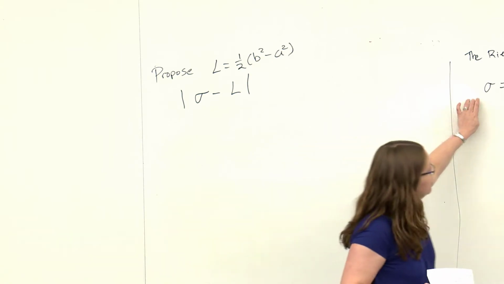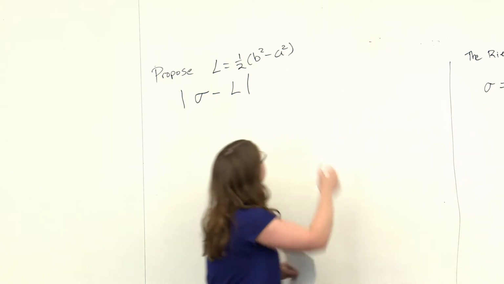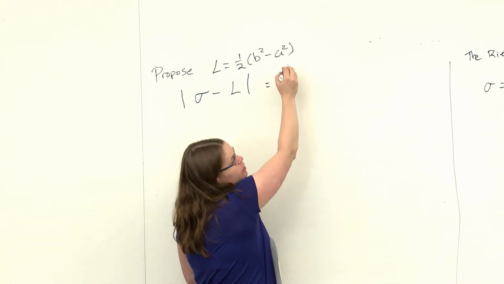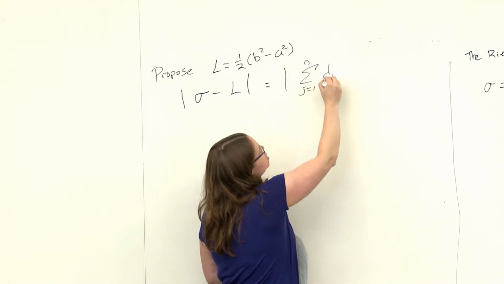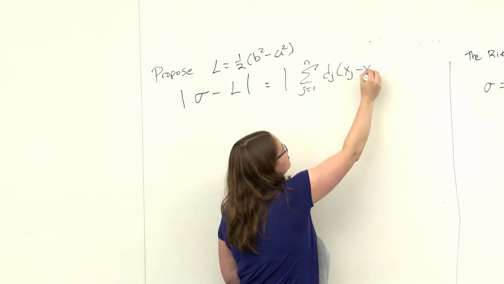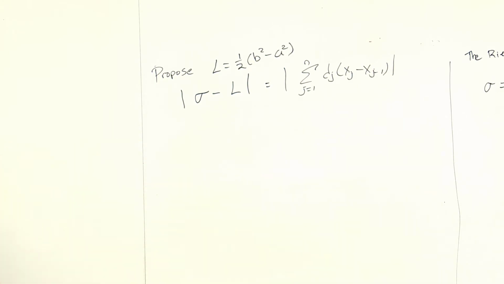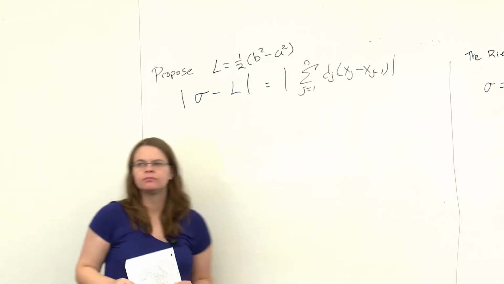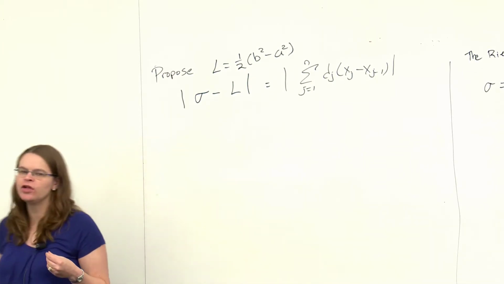Okay, so sigma minus L is going to be equal to this guy here. Okay, so the sum j equals 1 to n of dj times xj minus xj minus 1. All right, we're going to try to bound this, try to get this less than epsilon.